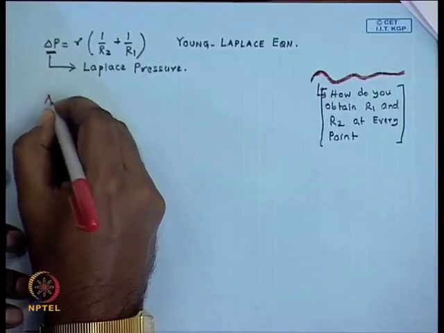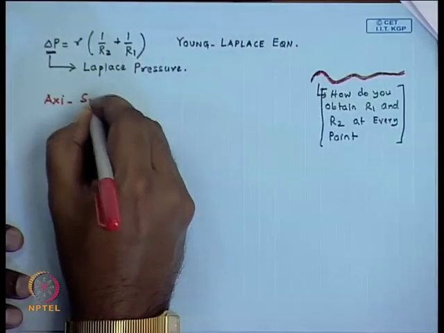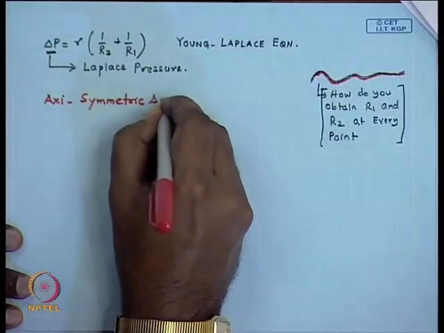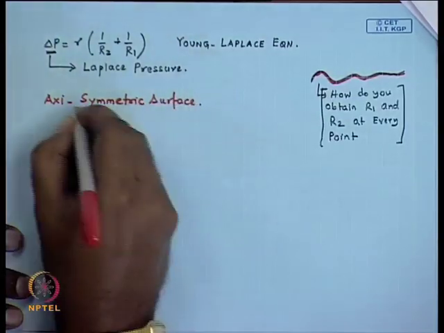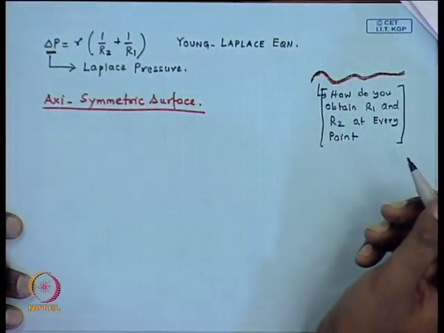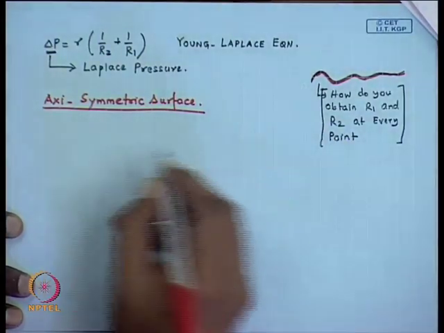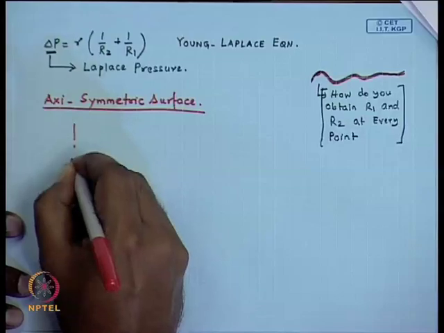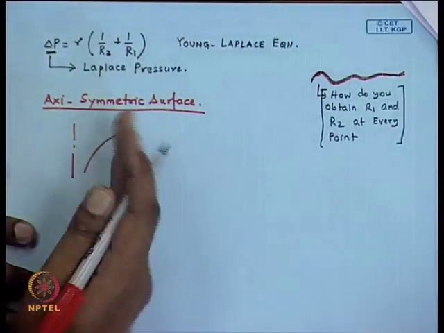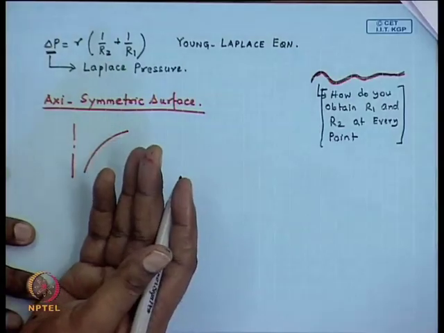So, what exactly is an axisymmetric surface? There can be a classical definition, but it is very simple. Any surface that has an axis of symmetry, or in other words, if you have any arbitrarily curved surface and you rotate it around a line, you get the surface.